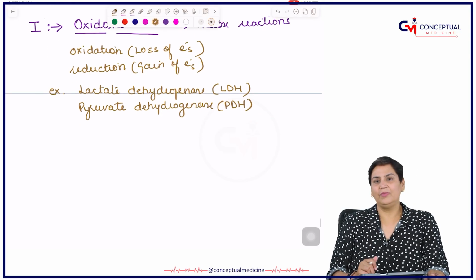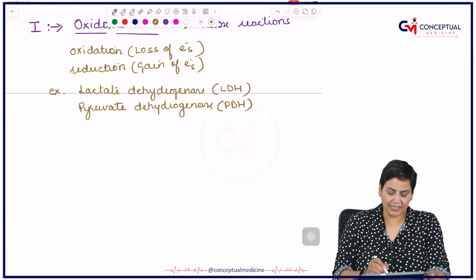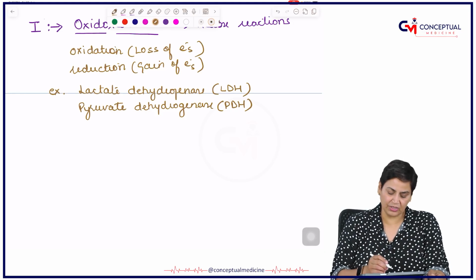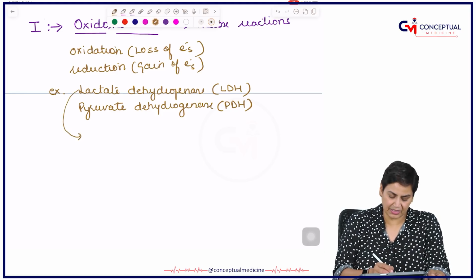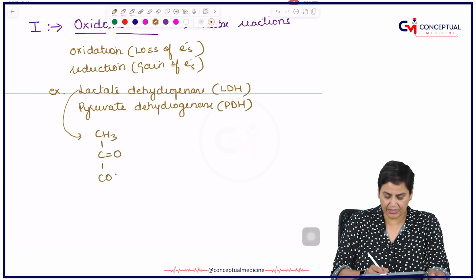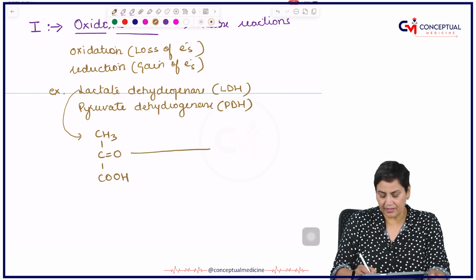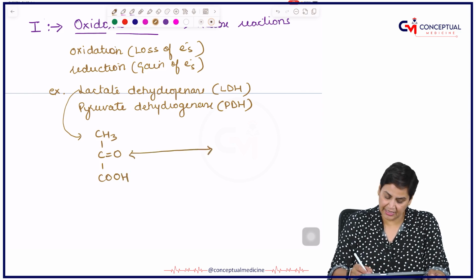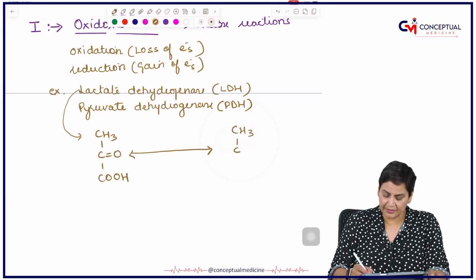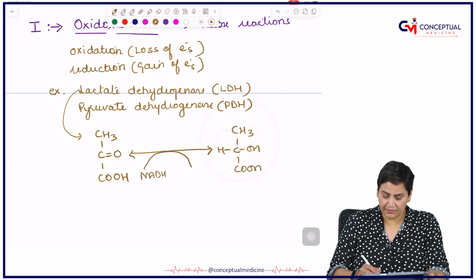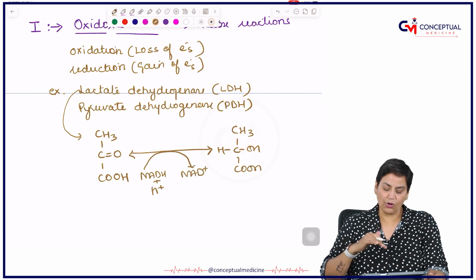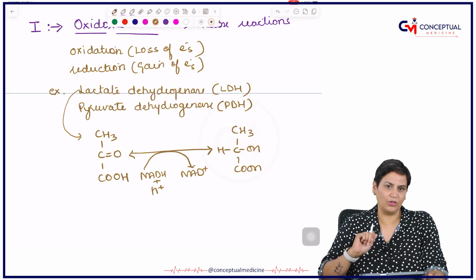So slowly we will be seeing the reactions also, but since lactate and pyruvate dehydrogenase are here, I just want to give this reaction. What happens is simple. This is pyruvic acid, CH3COCOOH. By a reversible reaction, it is converted into lactate, CH3CHOHCOOH, and NADH plus H positive will be converted into NAD positive. So this is how oxidation will also take place and reduction will also take place.